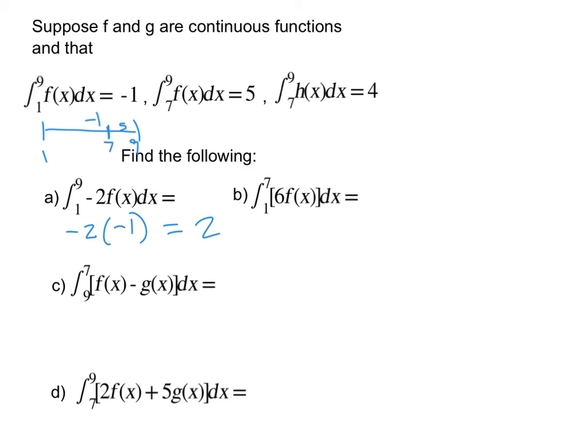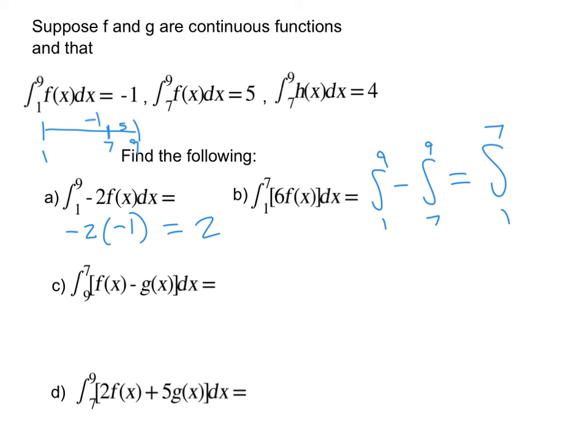So that's 2. 1 to 7, so we need to figure out the 1 to 7. So 1 to 7 would be 1 to 9 minus 7 to 9. Right, 1 to 9 minus 7 to 9 gives us our 1 to 7.